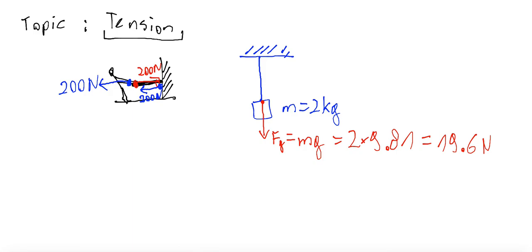So the tension of the string is 19.6 newtons, because again the situation is stationary: the object doesn't accelerate down, doesn't accelerate up, so tension is equal to 19.6 newtons. Here we have two very simple examples of tension.